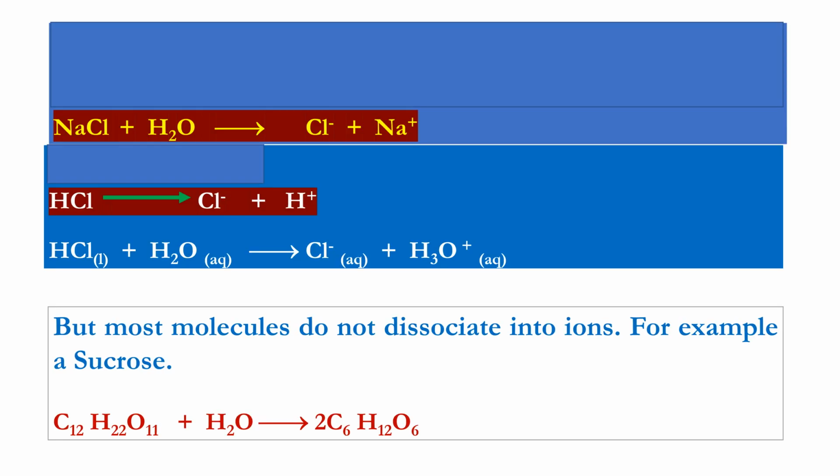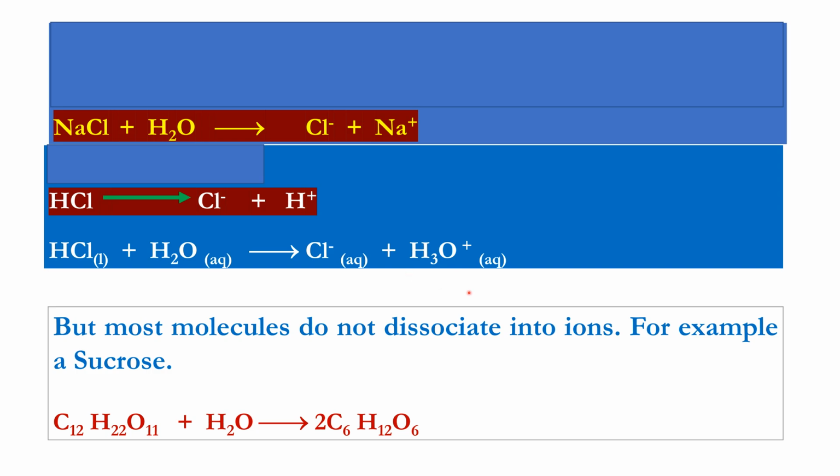So we have seen that when we dissolve most ionic substances in water, they dissociate into their individual ions. Examples are sodium chloride plus water. When sodium chloride is dissolved in water, it will dissociate into its individual ions, which are Cl- and Na+. Also for HCl, it will dissociate into its individual ions, which are Cl- and H+. So when HCl is dissolved in water, it will form Cl- and H3O+.